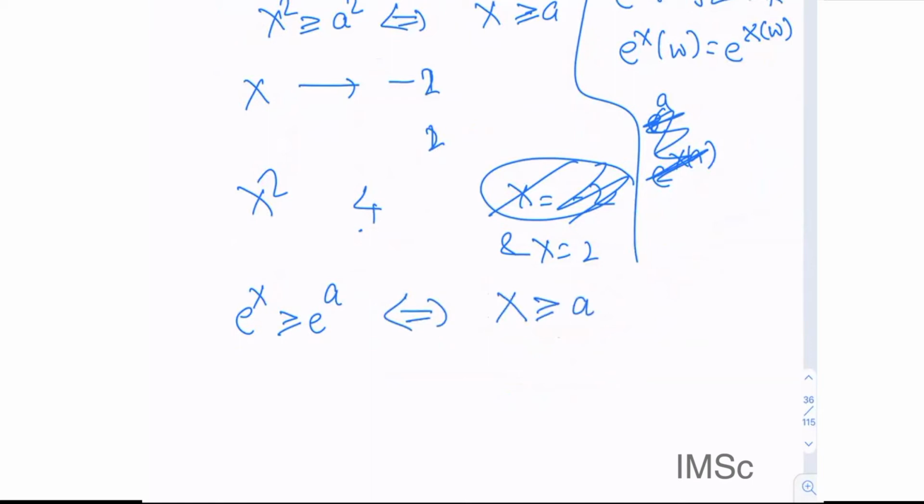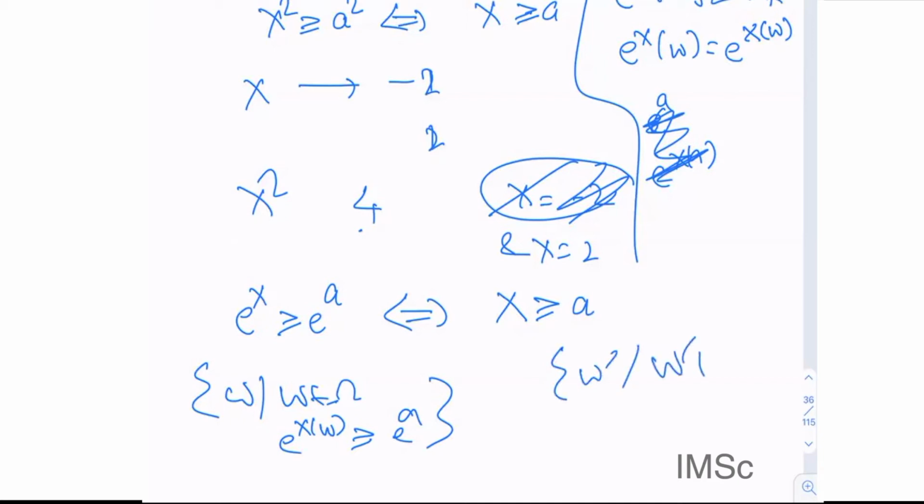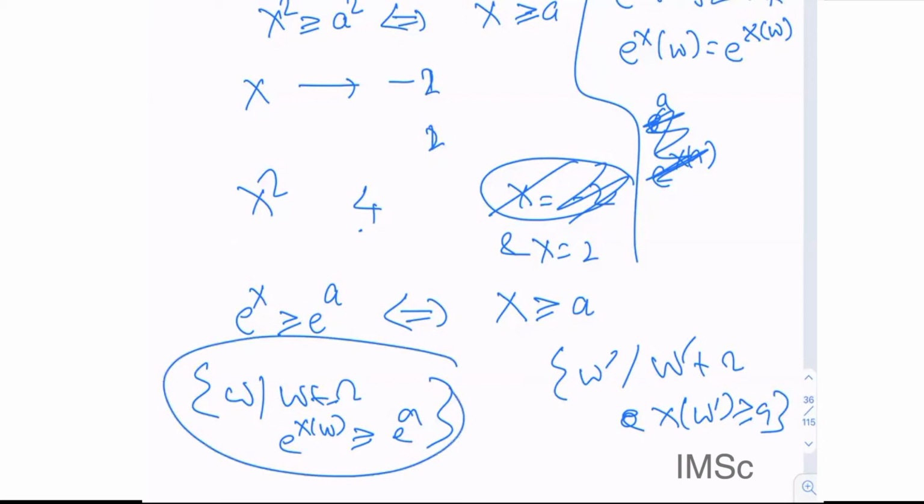So what does it mean? What is e^x greater than or equal to e^a? This is the set of elements w in omega such that e of x of w is greater than or equal to e of a. Now, if I write the set of w prime in omega such that x of w prime is greater than or equal to a, and these two sets are equal, then both have probability PR.